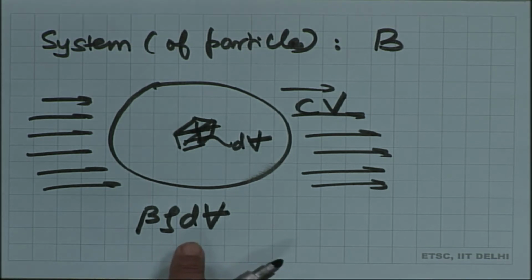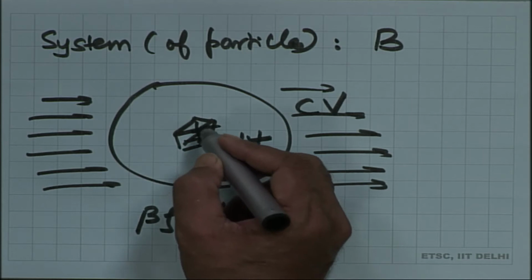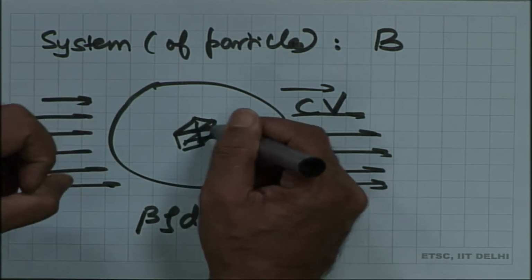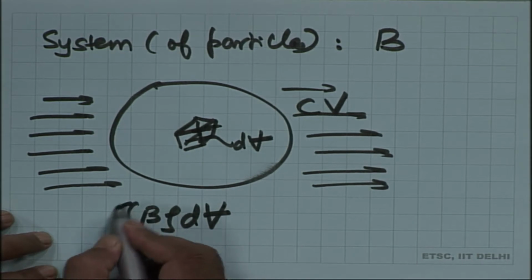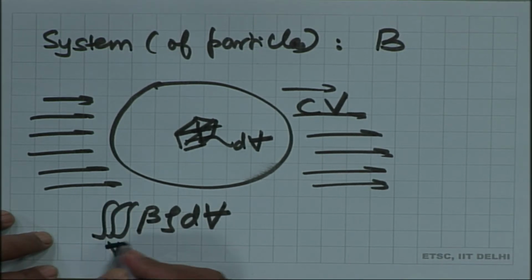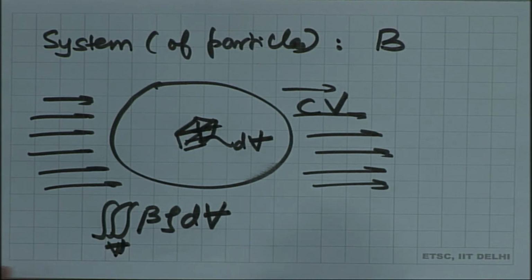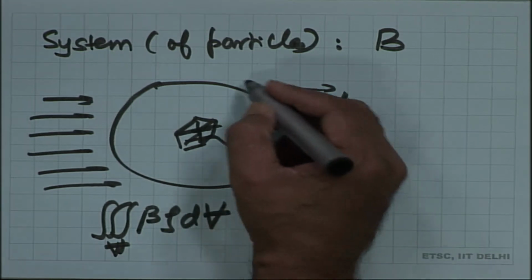So, beta rho dV tells us the total amount of the property in this volume dV, and if I calculate a volume integral of this, that will give me the total amount of the property B in this volume V.